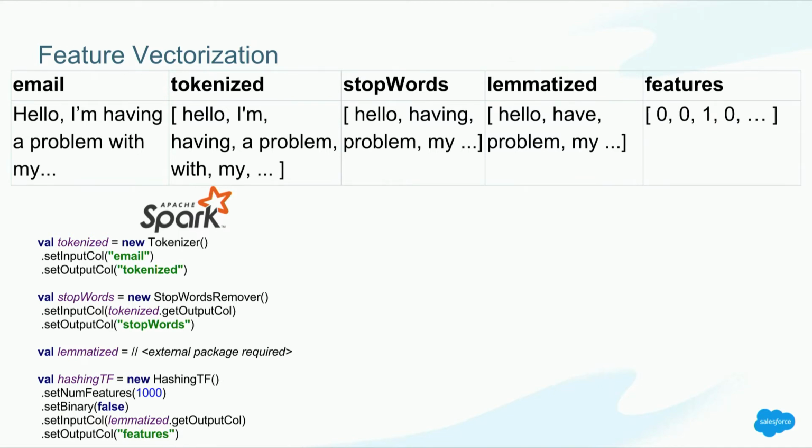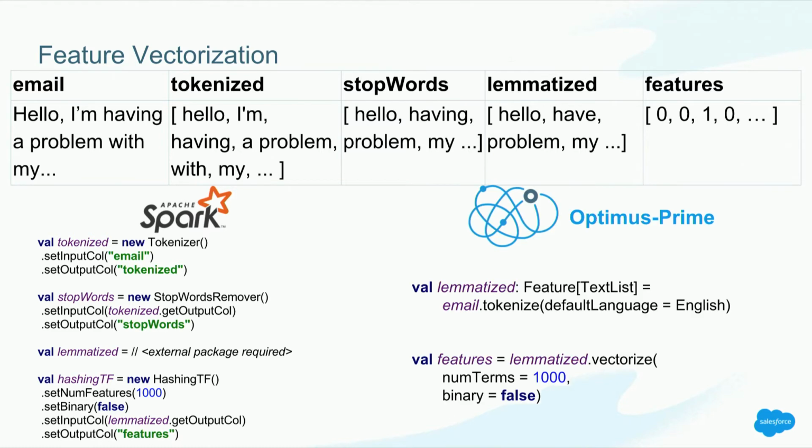And then the last step that we would want to do in our feature pipeline is to actually create a numerical vector to go into our statistical model. In Spark, there's a hashing transformer, which hashes each word into a bin. You set the number of features, so you set a couple parameters on it, and again, input and output column. The way that would look in Optimus Prime, again, the first step is to do the lemmatization, and then we have a vectorized method that applies to that.